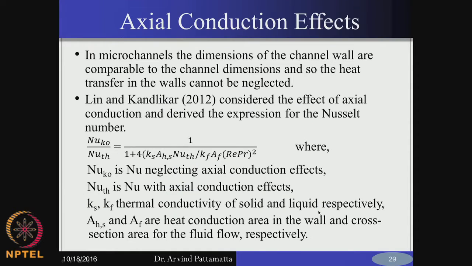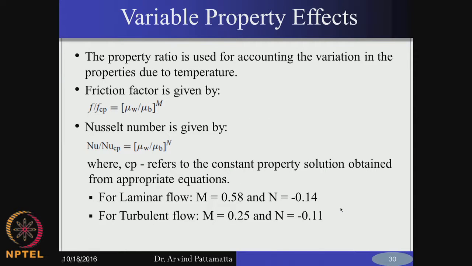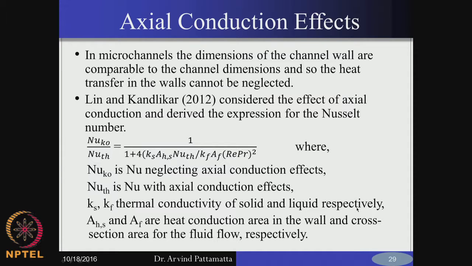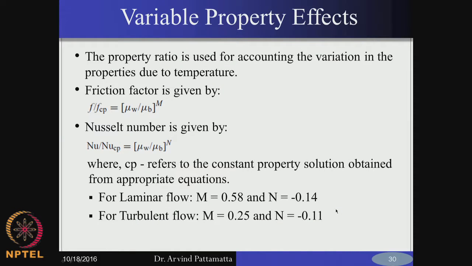There are some other effects which could be important, like the conduction through the walls of the tube, the axial conduction through the walls. That is something which could be accounted for. The other is called the variable property effects. If you have variation in viscosity, viscosity ratios could be very high, because the temperature at the wall could be quite different from the bulk temperature.